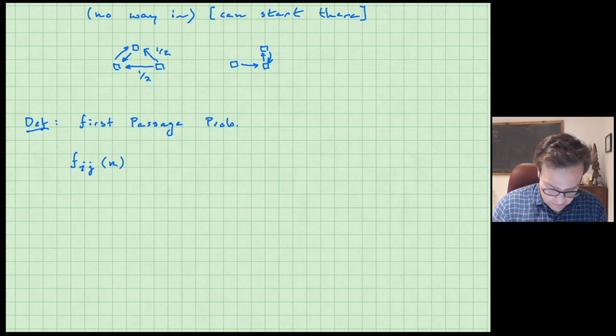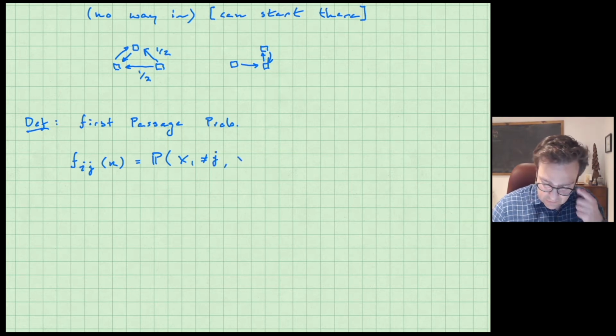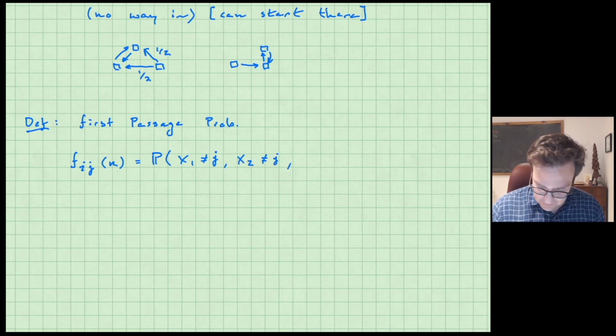So we'll say this is the probability of having the following sequence. x1 is not equal to j, x2 is not equal to j. So at times 1 or 2, you're not in state j, and so on. But at time n, you are in state j. So all these things over here refer to state j. And at time 0, you started at state i.